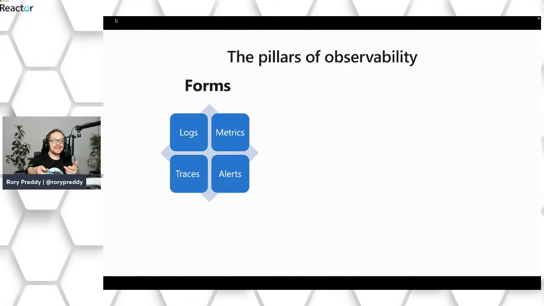The first pillar is the forms pillar, and it has sub-pillars. It has logs: can you look at text-based representations of data, and can you query those logs? Then it has traces. A trace is similar to logs, but traces are more digital in that sense, and you can use traces to make more deductions.